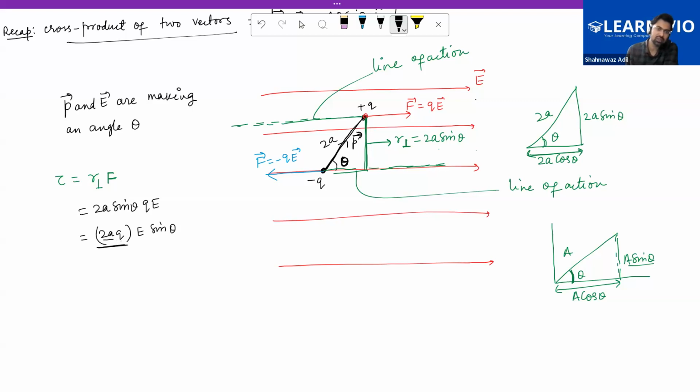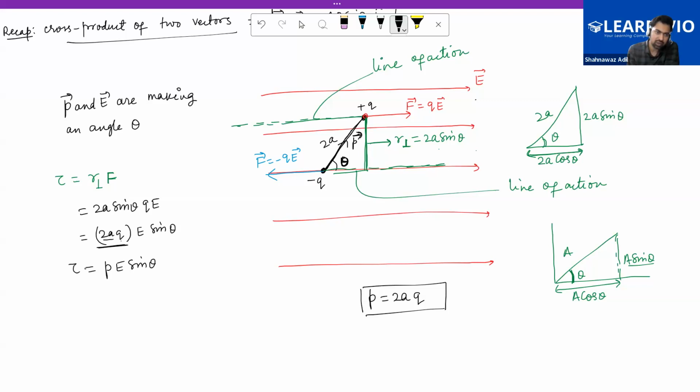What is separation into charge? Dipole moment. Dipole moment is separation into charge. Yes, sir. This thing we have learned in the derivation of the electric field of the dipole, right? So this is P and this is E and then sine theta.